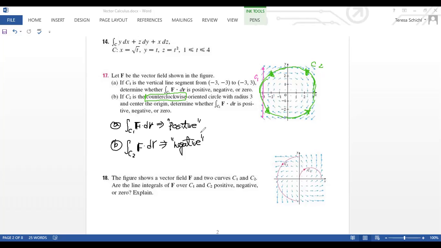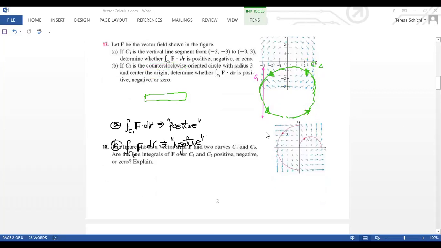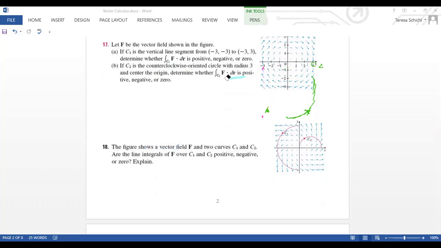Okay, so now let's take a look at the same thing for problem 18 here. Let me get rid of this. For the 18th, we do the same.